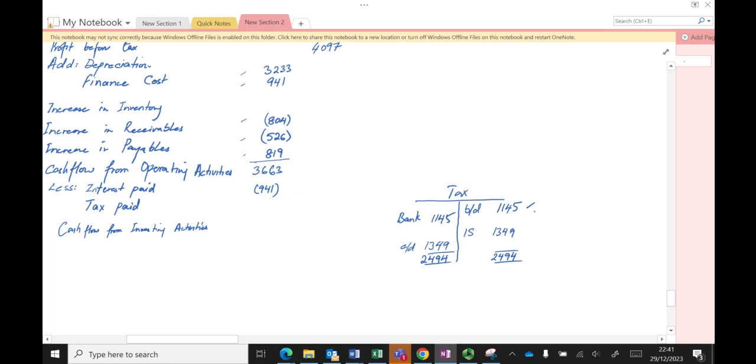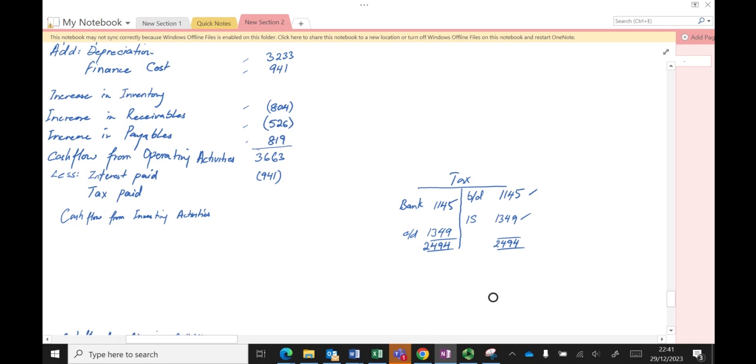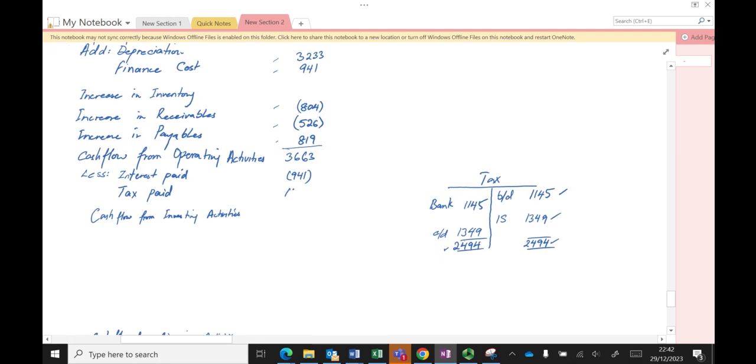So I have added these two figures because the credit side was heavier. I've copied the total here, subtracted 1,349, and I got 1,145, and that's the amount that has been paid. So you can see I've written tax paid, interest paid.